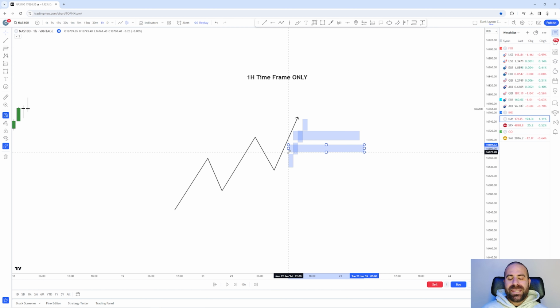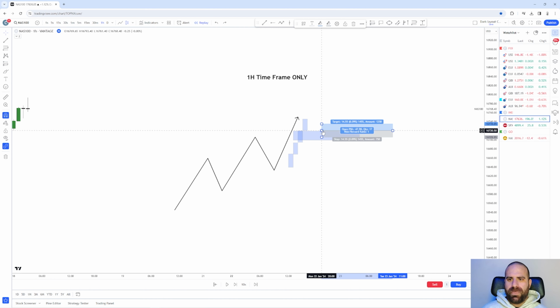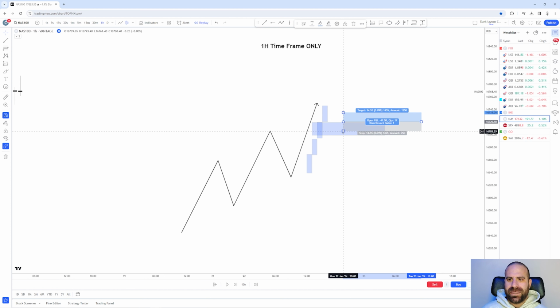So you will be starting with the most recent fair value gap, which in this occasion is this one right here. You will be placing a pending order with the stop loss right below the second candlestick which created the fair value gap.